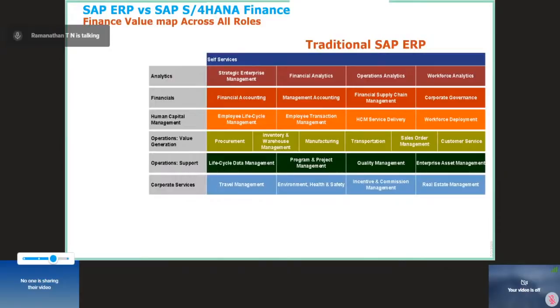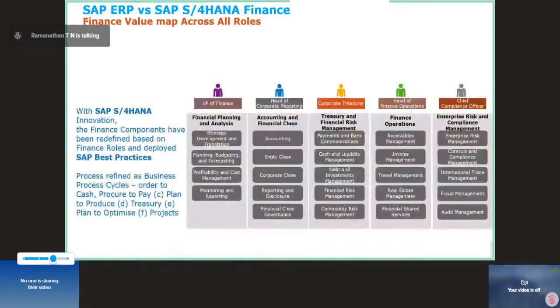With S/4HANA Finance, SAP re-engineered the whole set of submodules in terms of how finance supports the business. Typically, finance organizations were structured and rolled up to the CFO on the following lines. First, financial planning and analysis and MIS reporting. The second was the head of corporate reporting, taking care of statutory reporting and compliance formalities.